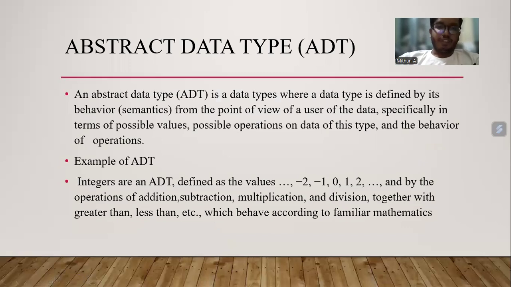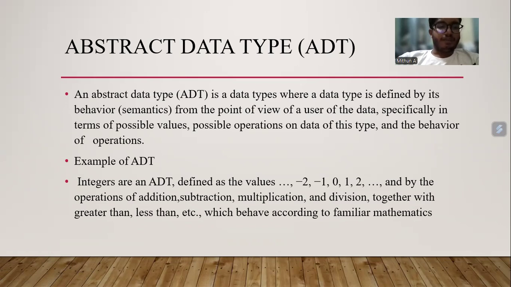When we talk about abstract data type, ADT, it is a data type that is defined by its behavior semantics from the point of view of a user of the data, especially in terms of possible values, possible operations on data of this type, and the behavior of the operations.